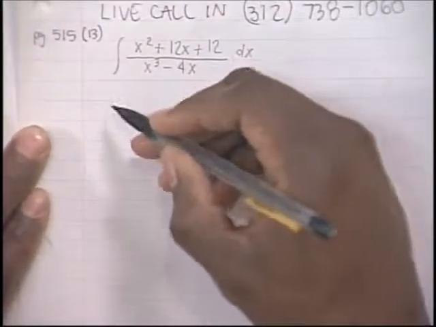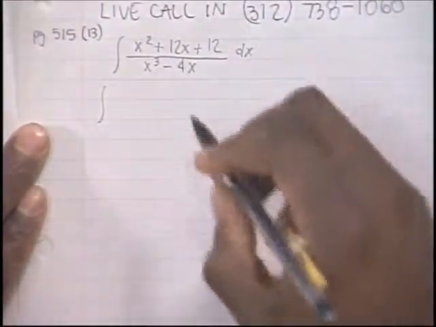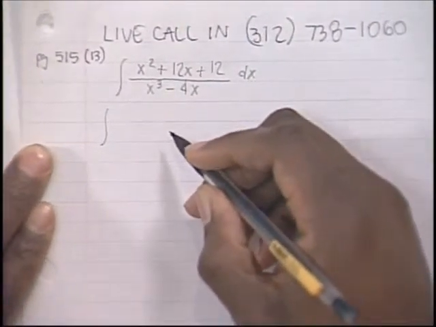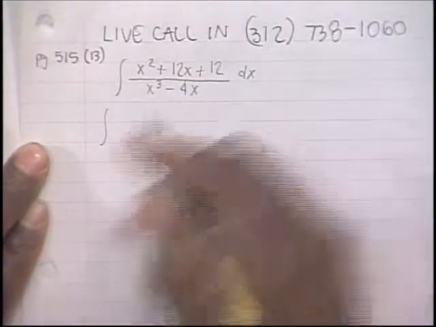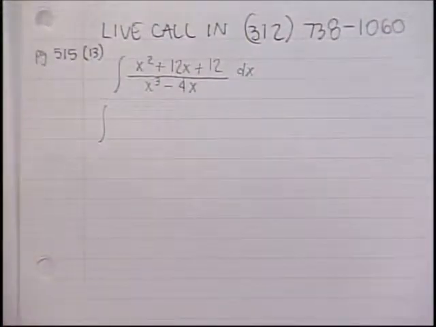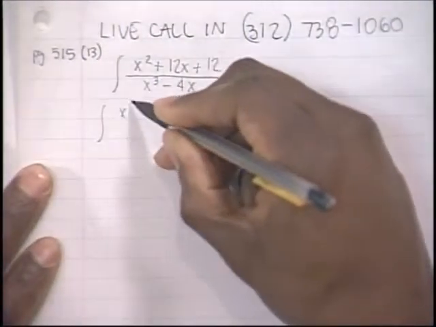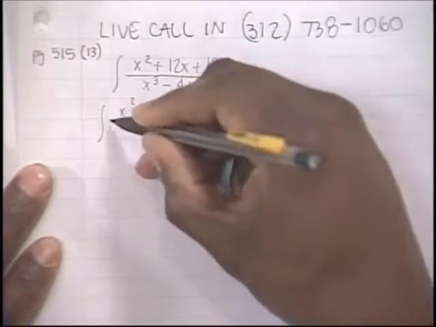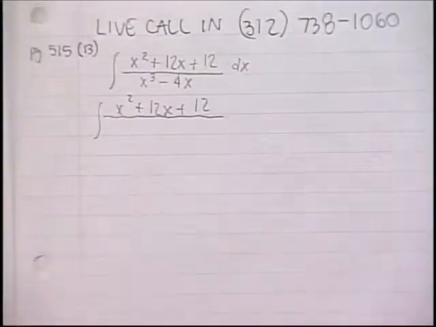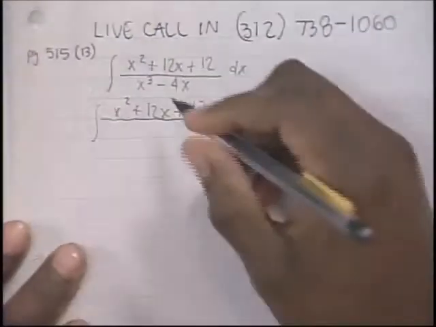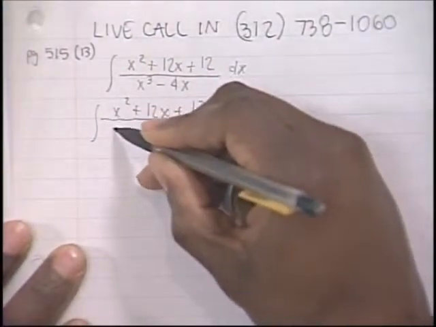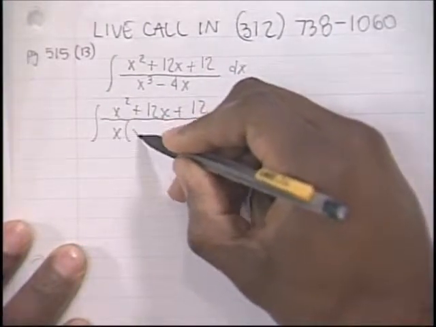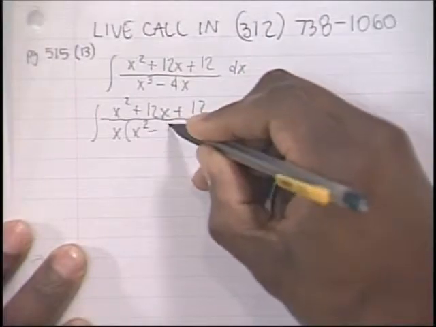All right, so what we talked about here is to factor out that bottom, factor out the denominator. That's one tip right there. If you can't factor that bottom out, you probably don't want to use this technique. So we have x squared plus 12x plus 12. If you factor that bottom, you end up with x times x squared minus 4.